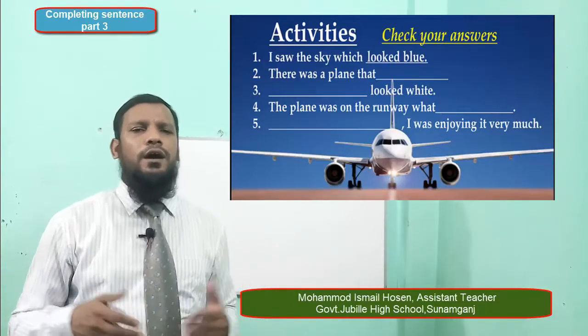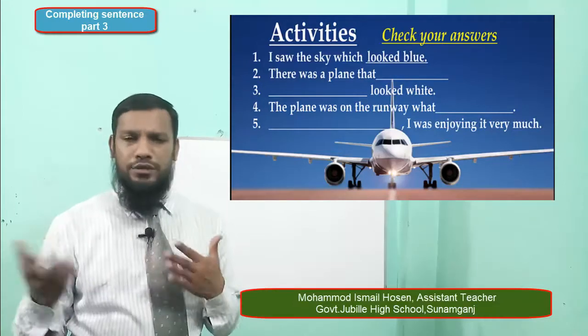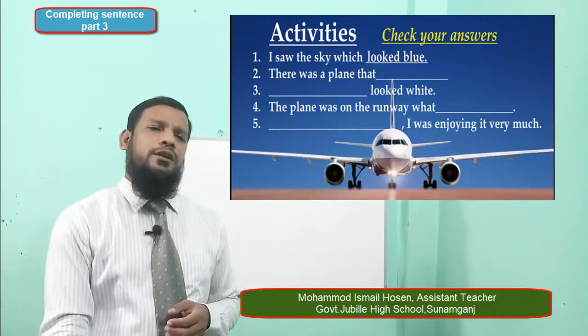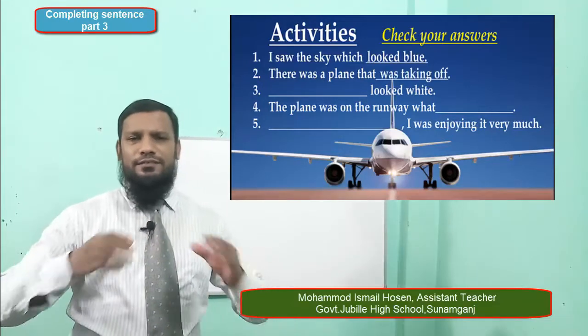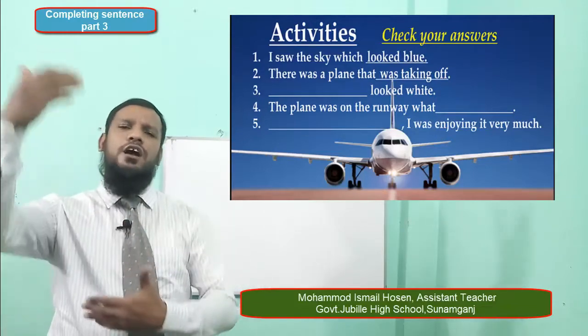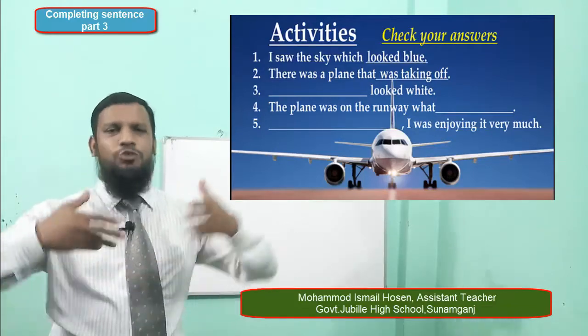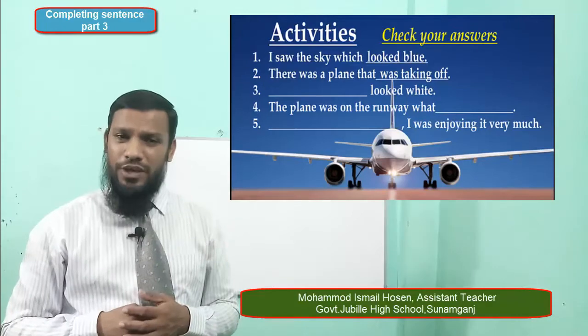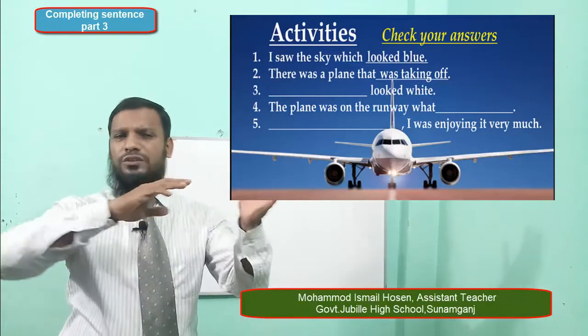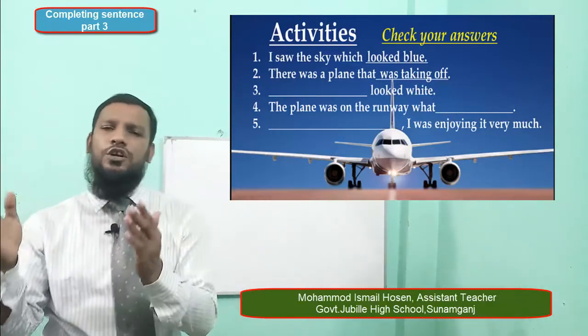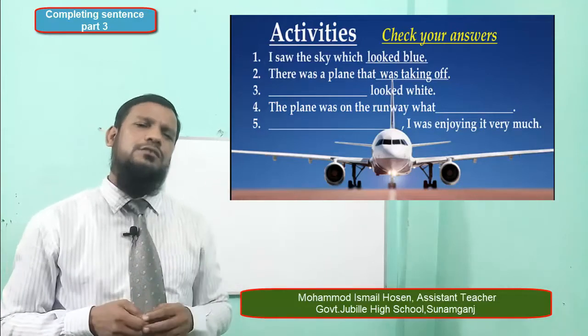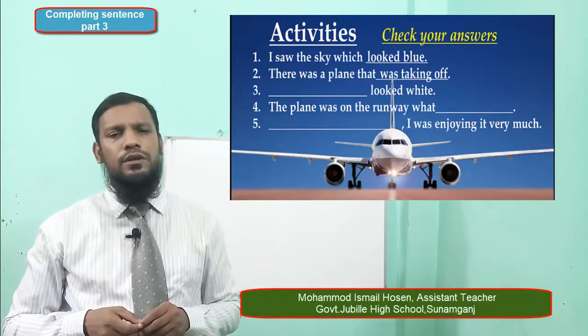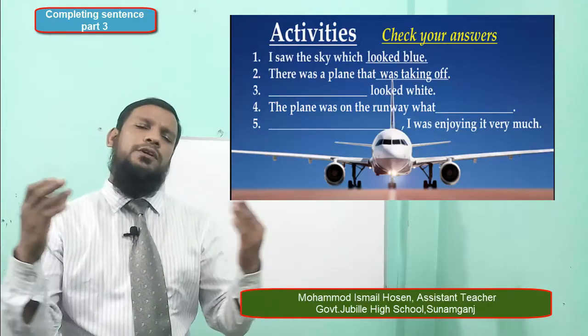Okay, which was cloudless, it could be said. Okay, then there was a plane that was taking off. So that is the relative pronoun. Then "was taking off" has been added to this sentence because we want to complete the sentence.